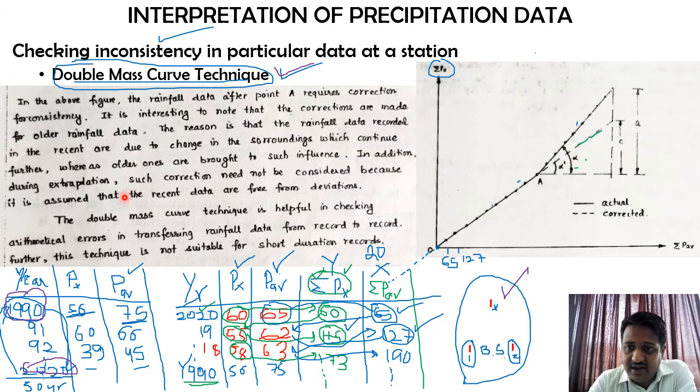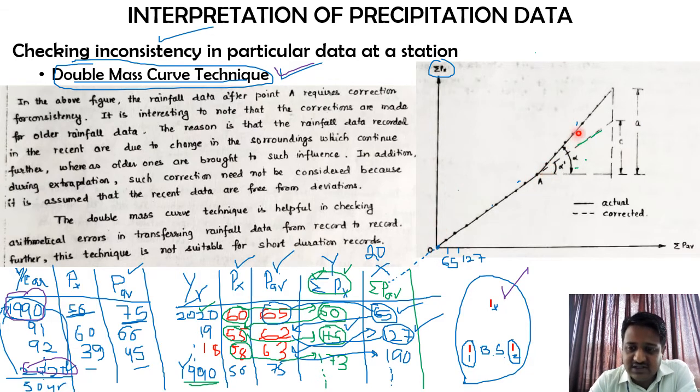In addition, during exploitation, such corrections need not be considered because it is assumed that the recent data are free from deviation. So we assume the recent data is always correct, because whatever changes in the surrounding of the rain gauge station needed to happen have already happened, and the nature of rainfall that will be there will be correct.